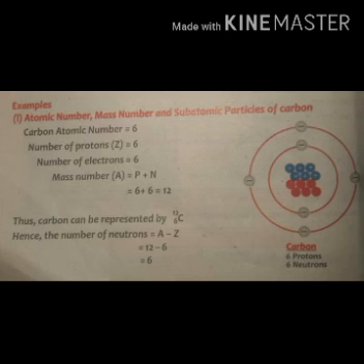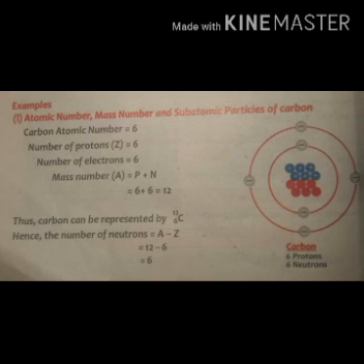And as we know, mass number, having symbol capital A, is the addition of protons and neutrons. The number of protons of carbon is 6, the number of neutrons is 6. So protons plus neutrons equals 12.